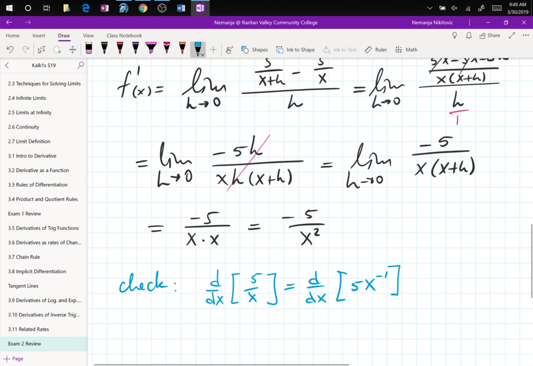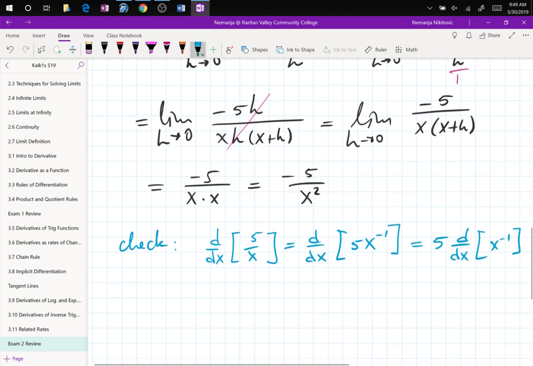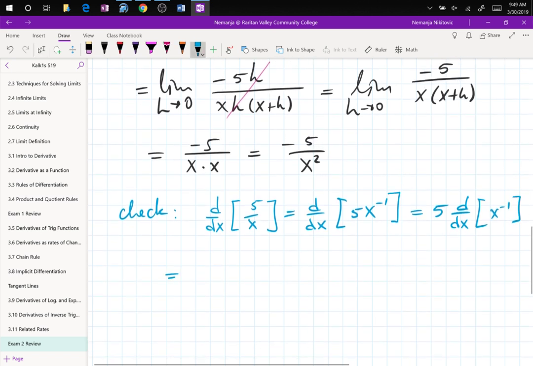And you remember that you can kick the constant in front of the derivative. That was one of the properties. So you just have to take the derivative of x to the minus 1. So this is 5 times, and now for x to the minus 1, you drop down the exponent, and x to the minus 2. And that becomes 5x to the minus 2, which is minus 5 over x squared, and that's the same, right? So there is a way for you to check these problems and make sure you did them correctly over there.